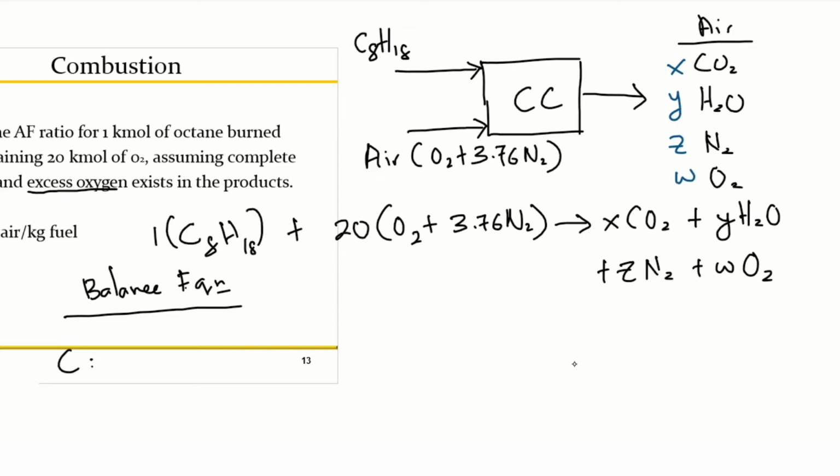You have the value at the left hand side and at the right hand side. So for carbon, you're gonna have 8 equals X. So X is actually equal to 8.